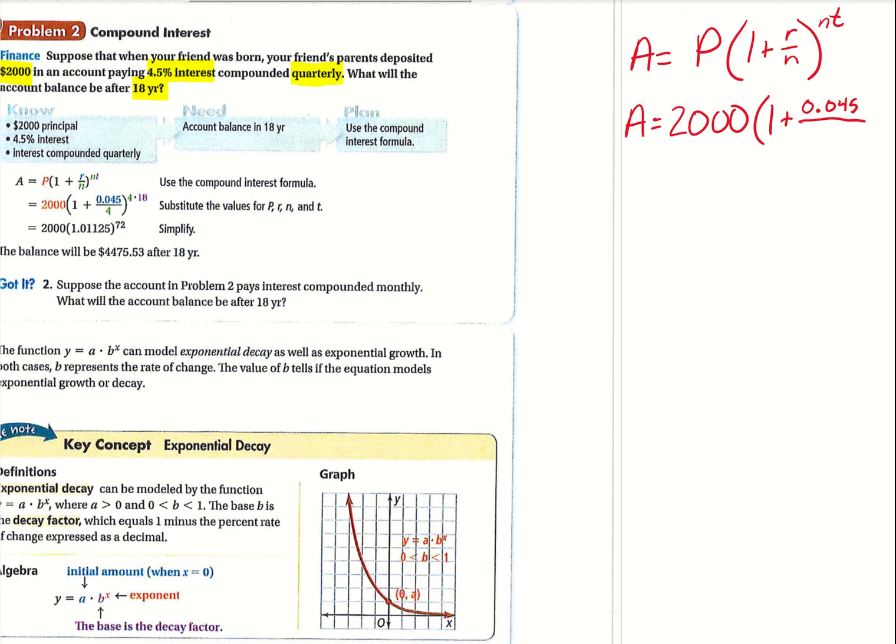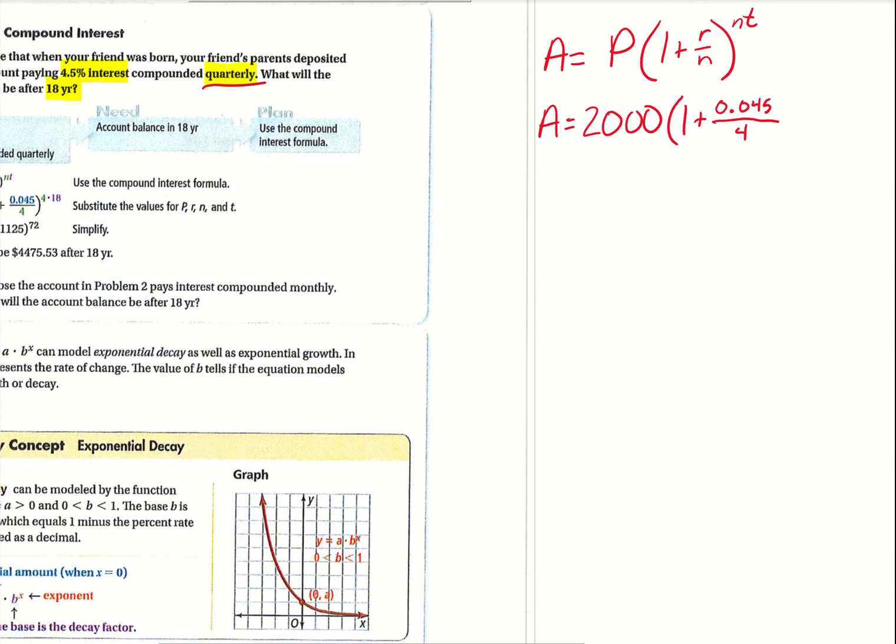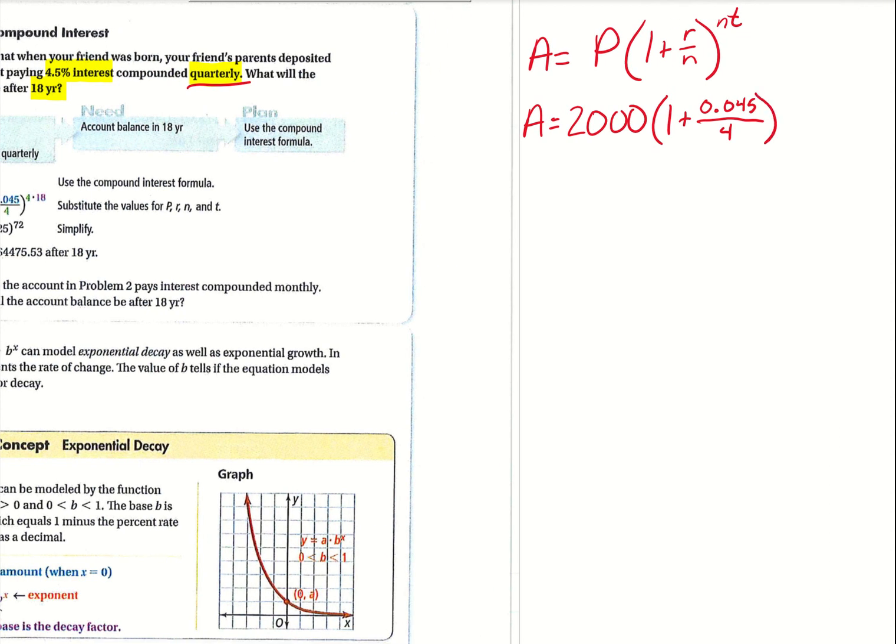That's what that quarterly means up here. So we're going to put 4 in the denominator there. And then we'll use that same 4 up here in the exponent, multiplied by our number of years, or the time passed, which would be 18 years.